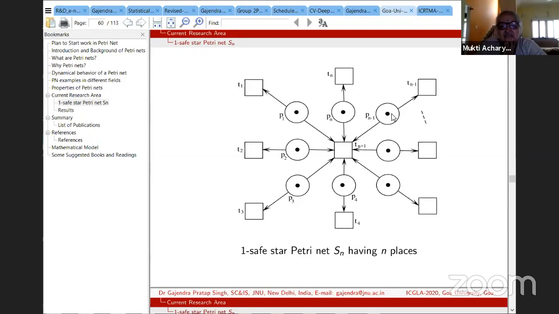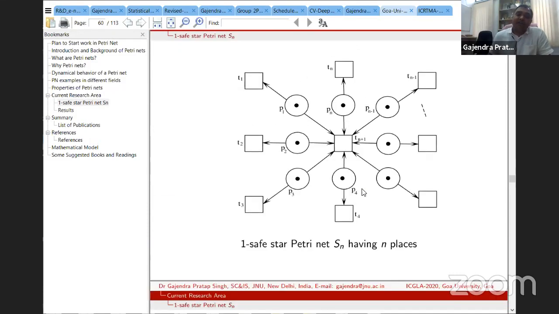Place P1, place P2 to the pendant nodes, and all arcs from the places to the central node. So this is the first Petri net. We call it a one-safe star Petri net, Sn. Sn means it has n places and n+1 transitions, including the center transition.